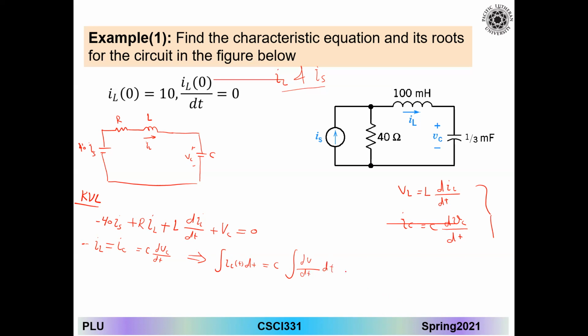So what do I end up with in these equations here? I end up with the dV, or what I'm looking for. I'm looking for the VC, right? So the integral and the derivative, they cancel each other. So I end up with the VC and I need to divide by C. So this one will be 1 over C integral of IL of t dt.